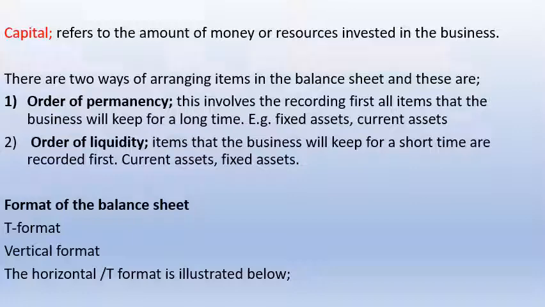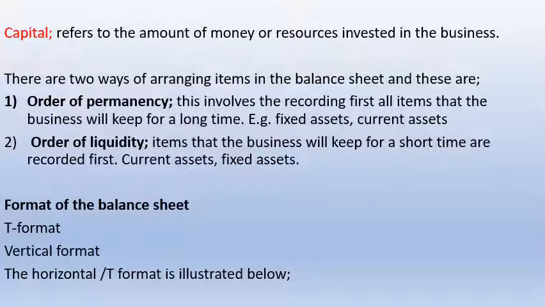On the side of assets, we shall start with current assets and end with fixed assets. And on the side of liabilities, we start with current liabilities, long-term liabilities, and end with our capital. So these are the two orders. If you mix up things, then you automatically get everything wrong.